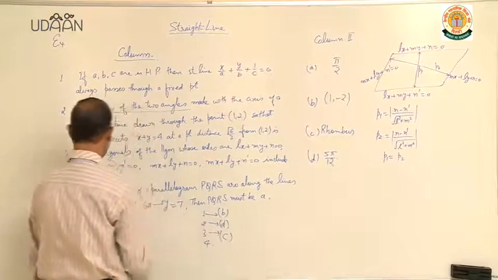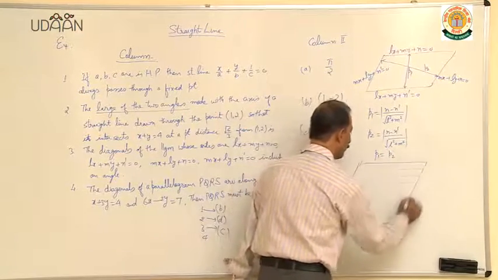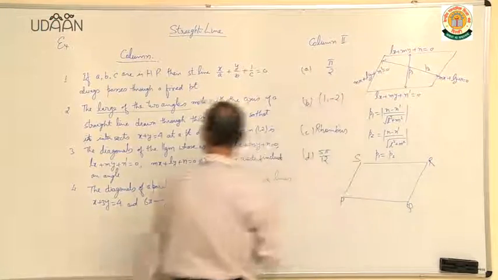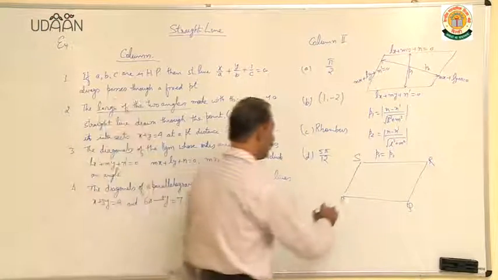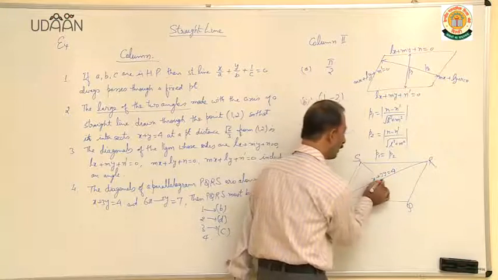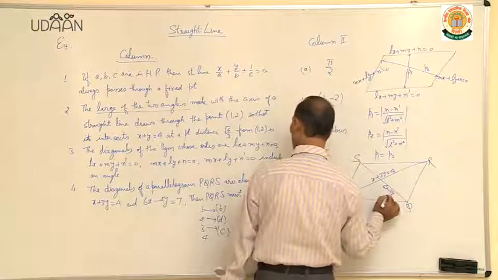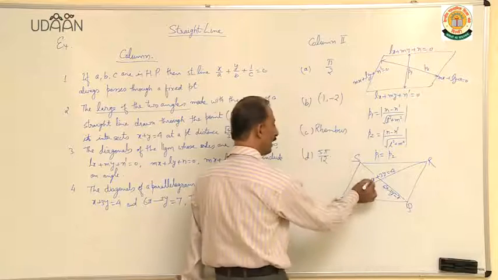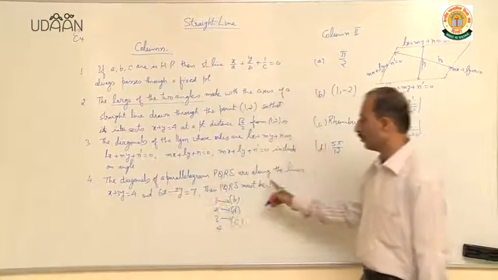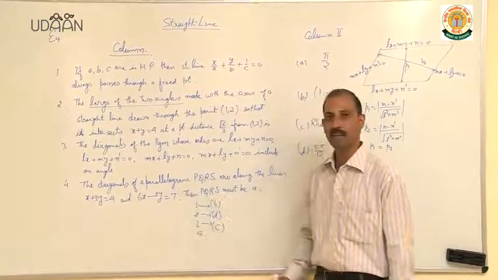Now fourth: the diagonals of a parallelogram PQRS are along the lines x plus 3y is equal to 4 and 6x minus 2y is equal to 7.